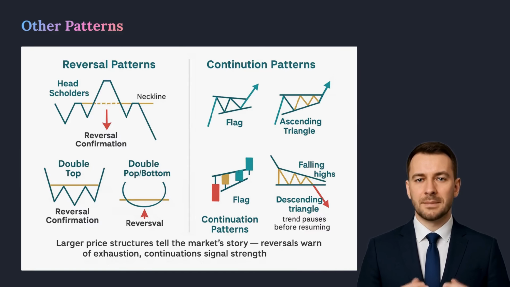These patterns can span many candles and form clear geometric shapes on the chart. While our focus here is on the candlestick entry triggers, be aware of these bigger pictures. For example, a head and shoulders top is essentially a complex price action story of buyers weakening and sellers taking over, often confirmed by a break of a neckline support.